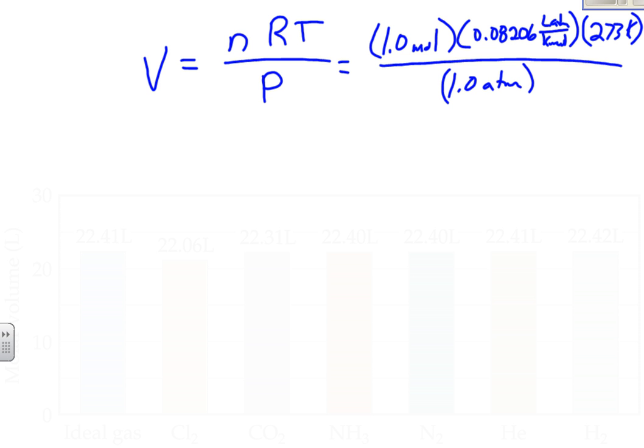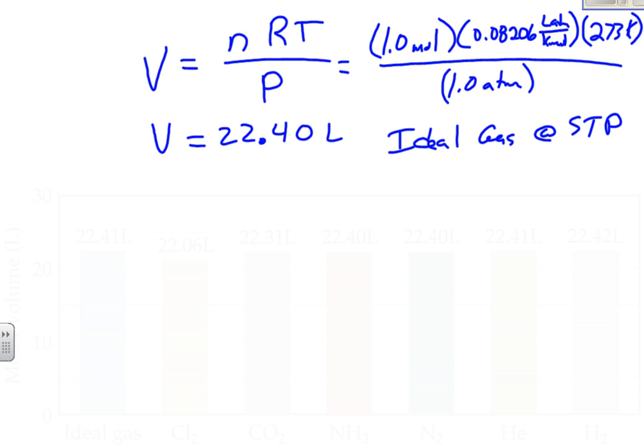Okay. So if we use all those values there, we get a volume of 22.40 liters. Right. So this is the volume of an ideal gas at STP, standard temperature and pressure.